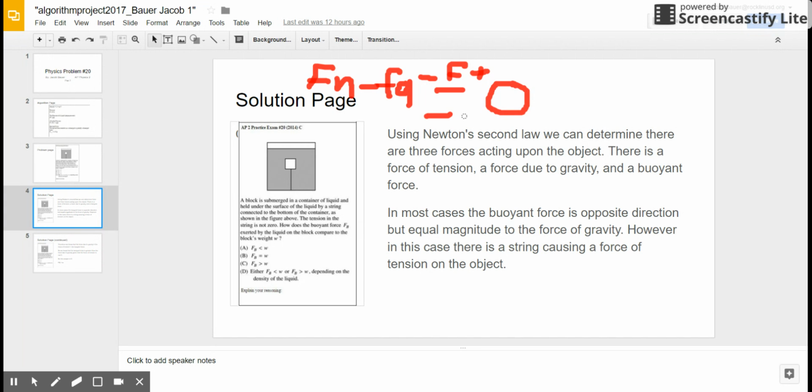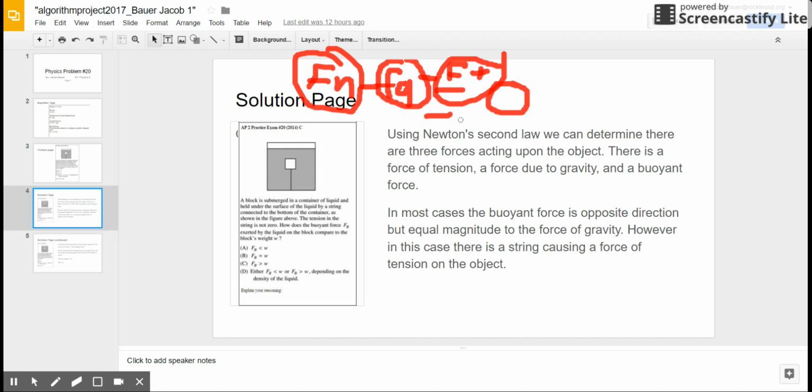Now, if we get all the forces that are acting down on the object, you would put them on the other side. So you would get the normal force is equal to the force of gravity plus the force of tension. And obviously the negative signs that were at the beginning would flip.